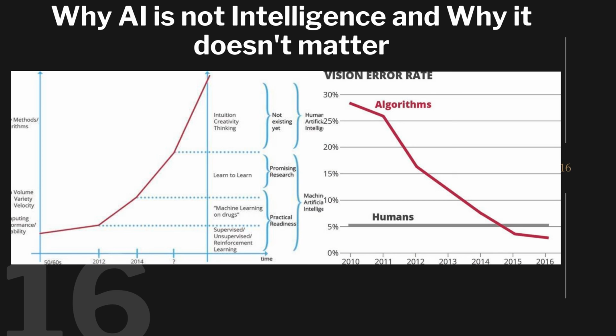It reached that around 2015. Until then, the artificial intelligence wasn't really intelligent. But it doesn't matter because, as you can see, since 2015 your algorithmic error rates have gone significantly below 3%.